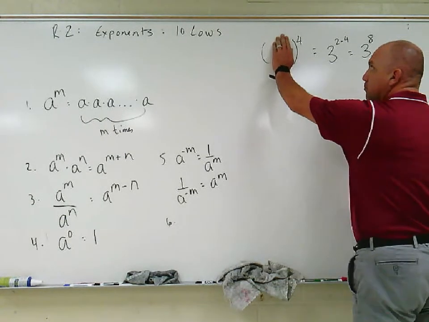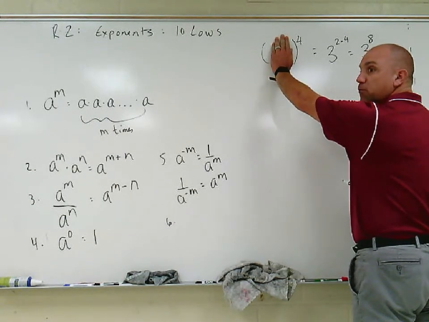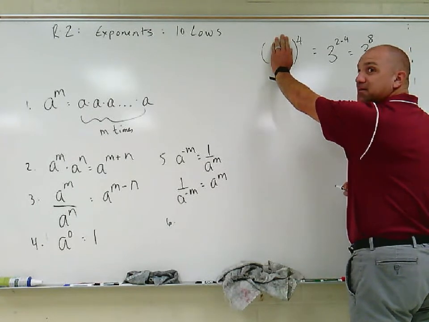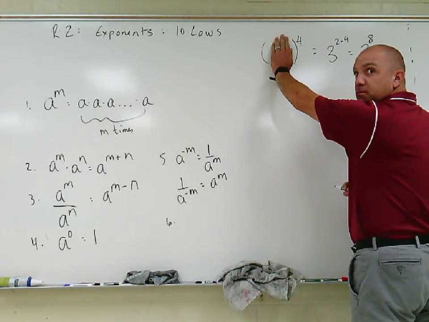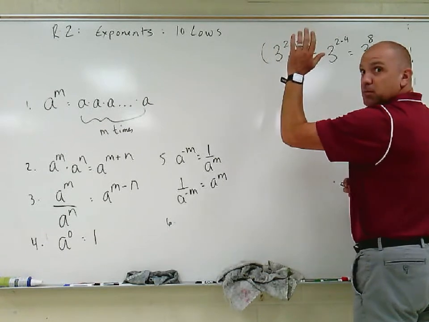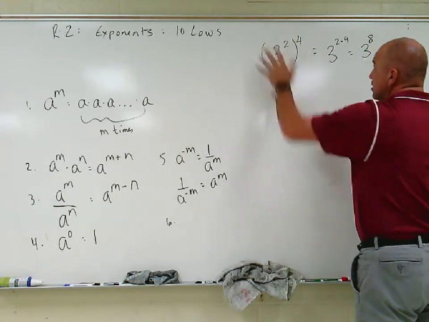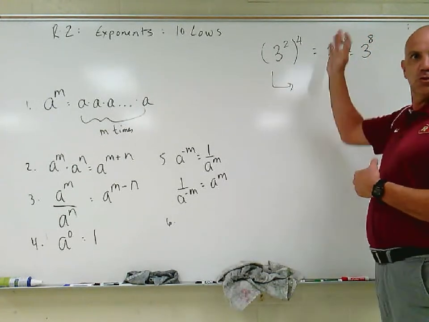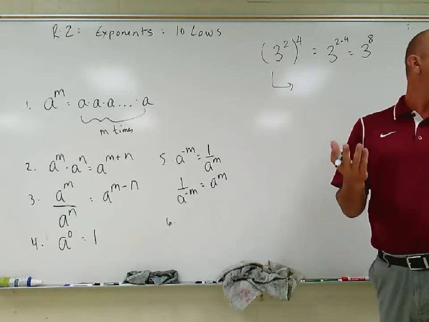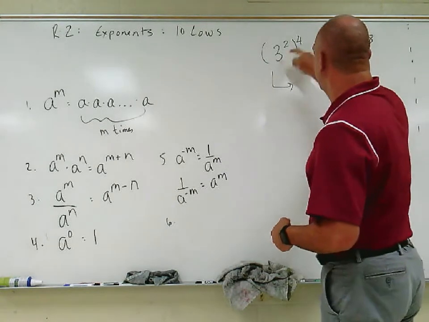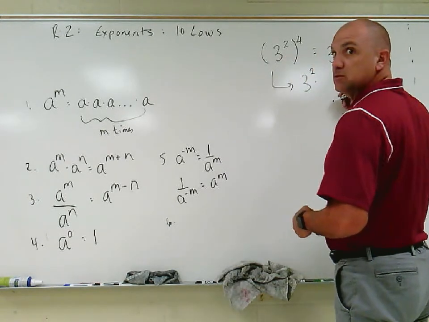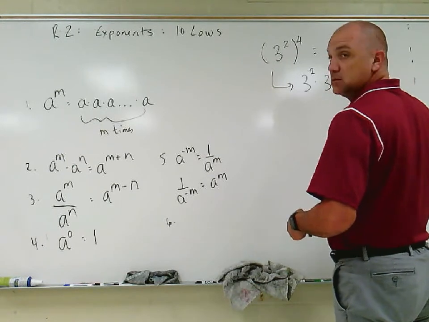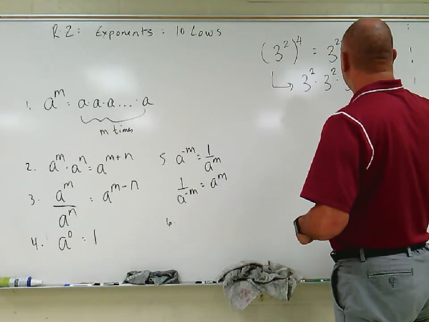If I cover this up and I just say something to the 4th, what does raising to the 4th power mean? That's exactly right. And that's what's going to be multiplied. So if I drop down, I'm just showing you the work. You don't have to do this as long as you know the trick, but I'm just showing you the why behind it. This means 3 squared times, and then I stop.